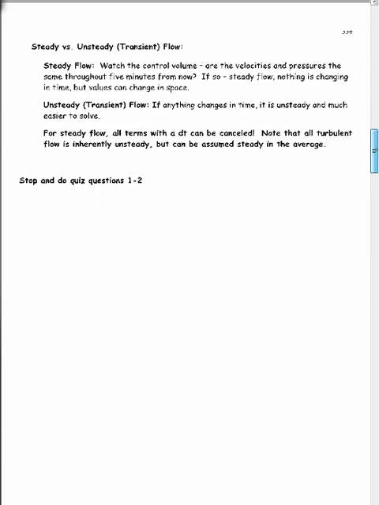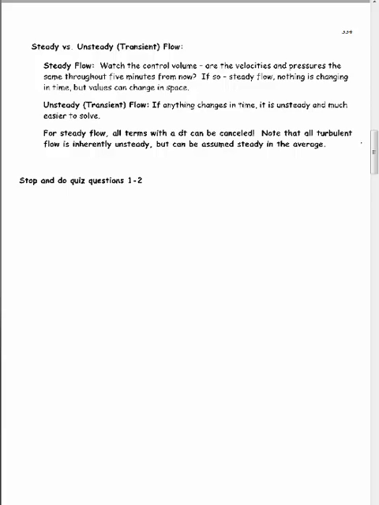That's a common mistake. All right, so again, just a review on steady versus unsteady. Unsteady, by the way, is also called transient. Steady flow, just like we did in thermo, if you watch your control volume, is anything changing? If anything is changing, it's unsteady. If it looks the same as it did 5 minutes ago, nothing is changing.